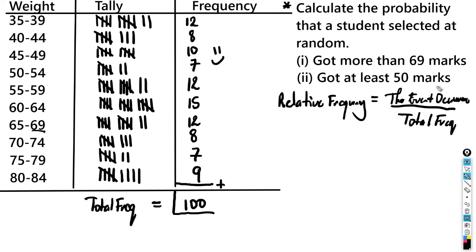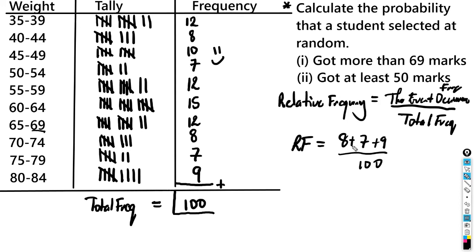So it's basically the event frequency over the total frequency. So the relative frequency in this case is actually going to be 8 plus 7 plus 9 over 100.